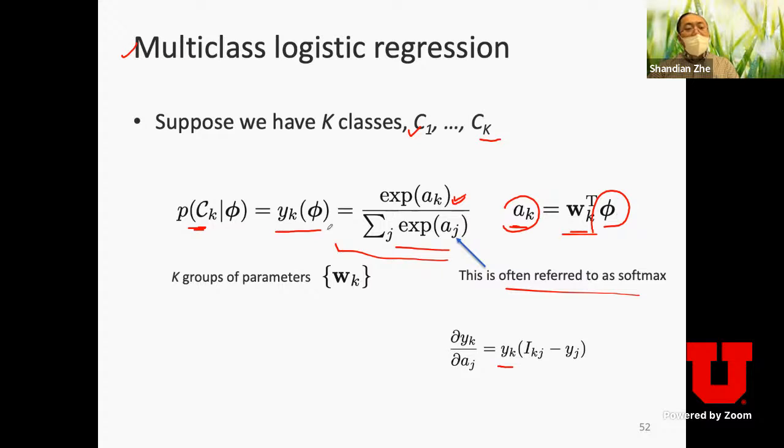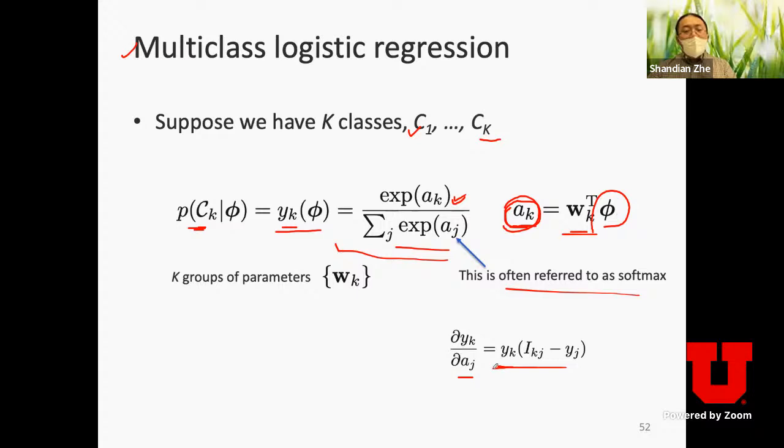So YK is the probability that you take class K. If we calculate the gradient of the probability YK with respect to AJ, it will give you this form. So J can be K or not K. So when J equals K, that means, okay, what's the derivative with respect to the score of taking class K? If J is not K, it is the score for other classes.